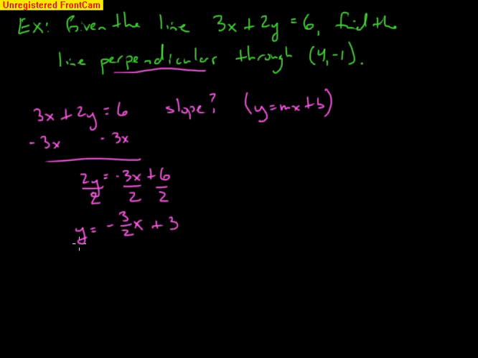Okay, just as before. So the slope of this line is -3/2. But here's where our line comes into play. Our line is perpendicular, so we are not going to use this slope. This is not the slope we use. We need the opposite reciprocal slope. So if we take the reciprocal, we would get 2/3, and the opposite of negative is positive.